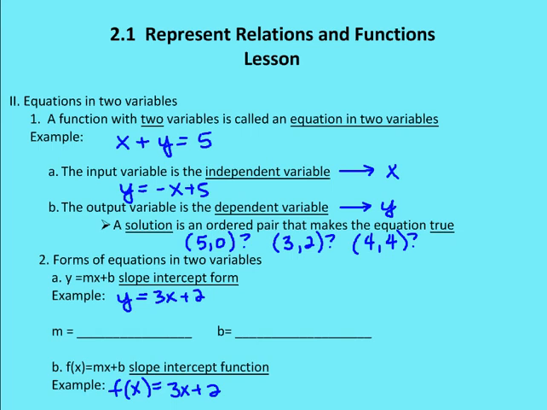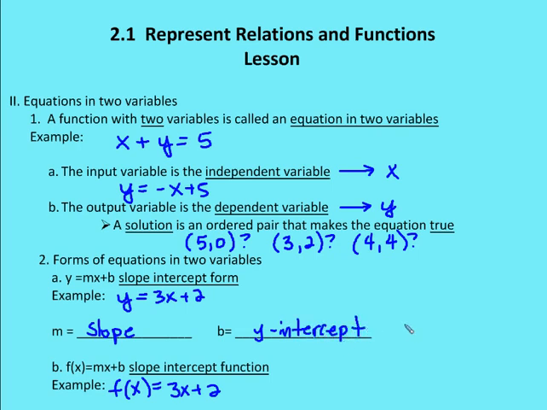Now slope in shorthand is referred to as m, and the y-intercept in shorthand is referred to as b. So the form of the equation is going to be y is equal to mx, which just means the slope times the x value, plus b, or plus the y-intercept. So I can write in here that m is equal to the slope, and b is equal to the y-intercept.